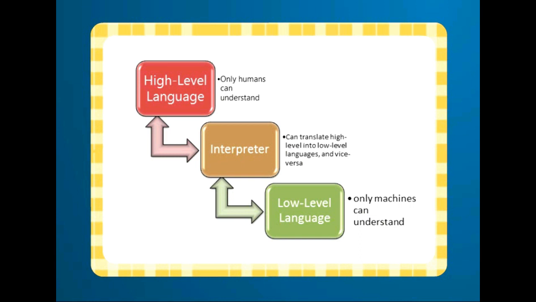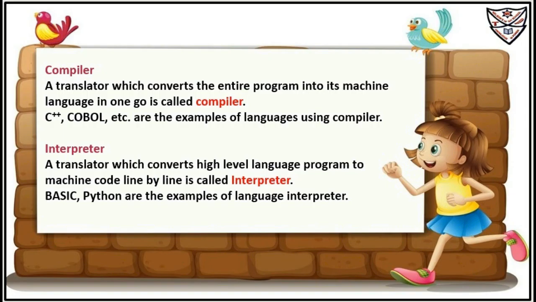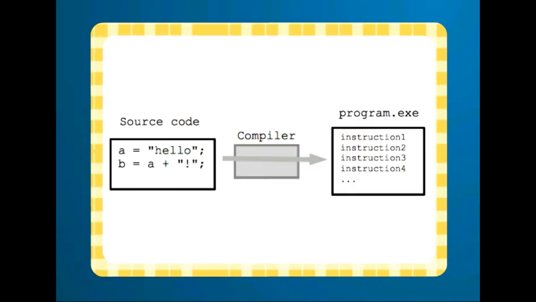The programs written using high level languages need to be converted into machine language. Examples of third generation languages are Java, C, C++, etc. Two types of translators can be used to convert the high level language program into machine language. These are compiler, a translator which converts the entire program into machine language in one go.